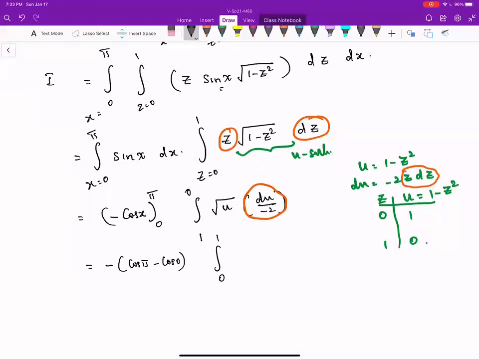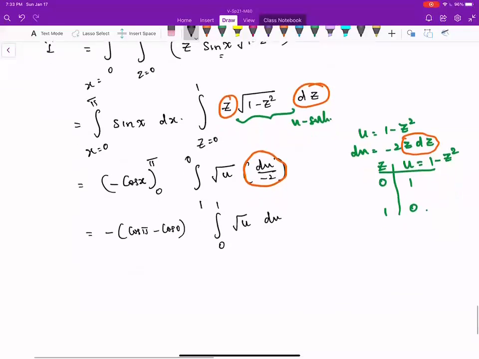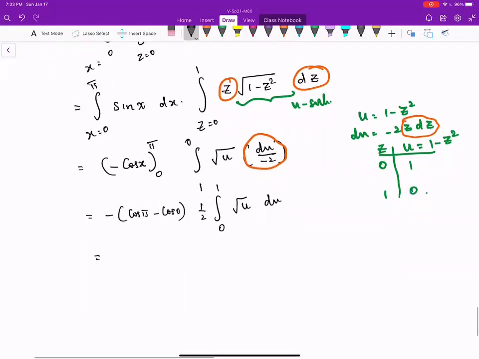If you flip the limits, you introduce a negative sign, and since you already have a negative sign, negative and negative makes it positive. It's the square root of u du, with a 1/2 outside. So it is negative 1 minus 1, that is negative 2. Then you have negative of negative 2, which is a positive 2, and that gets cancelled out with the 1/2.